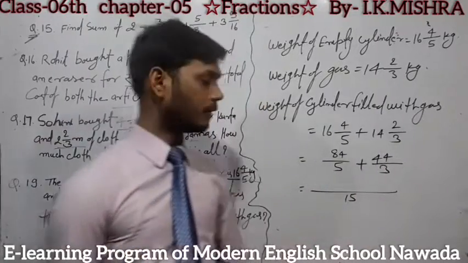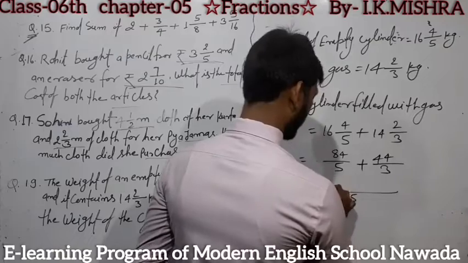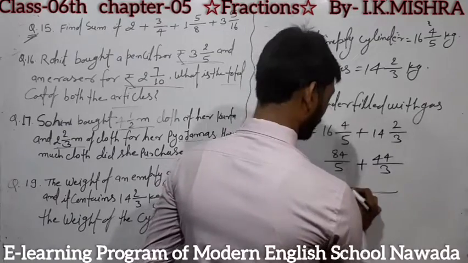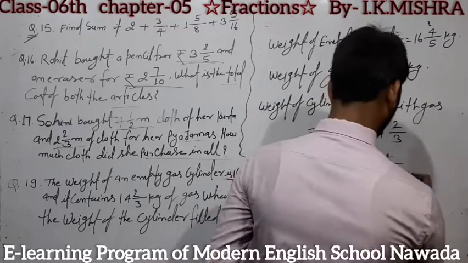LCM of it is 15 and here 3 times, that means here 84 into 3 plus here 44 into 5.